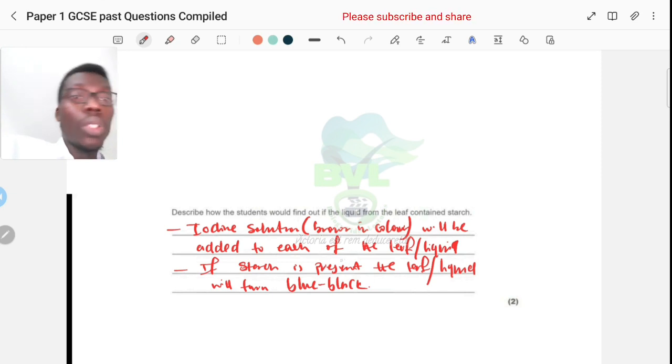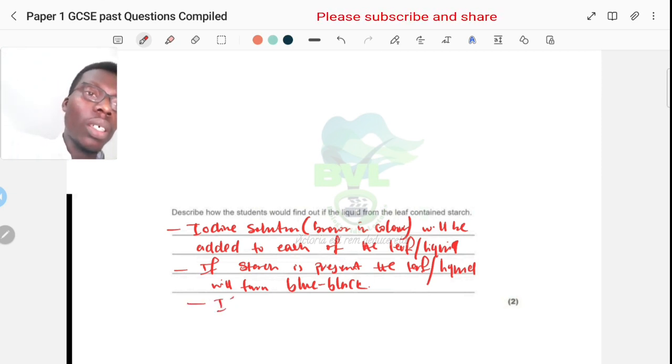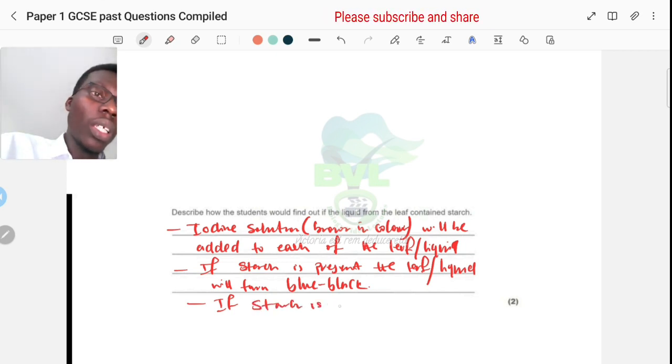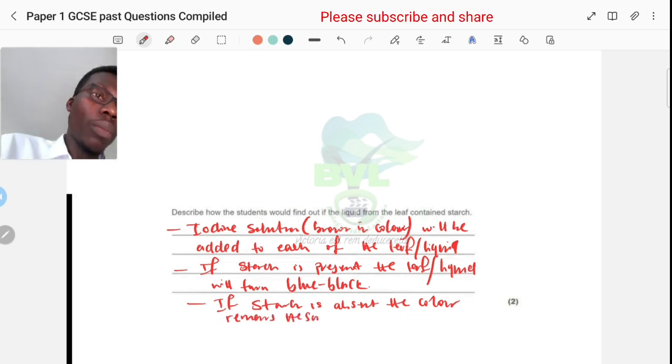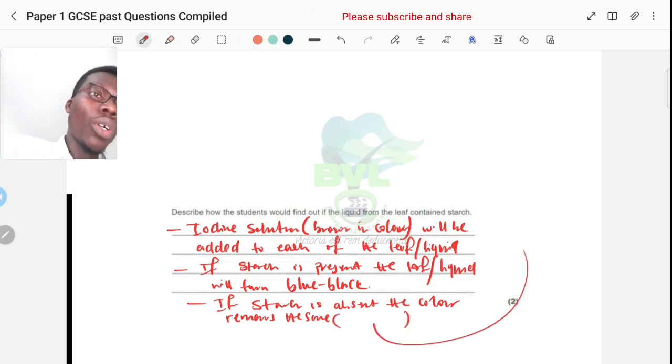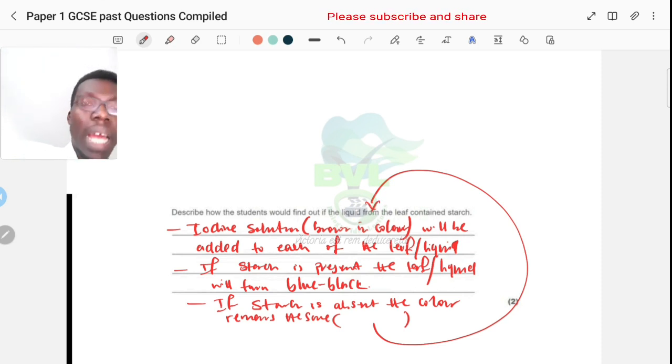But if starch is absent, the color remains the same. So the same color of the iodine remains the same. So you still find the same brown color there.